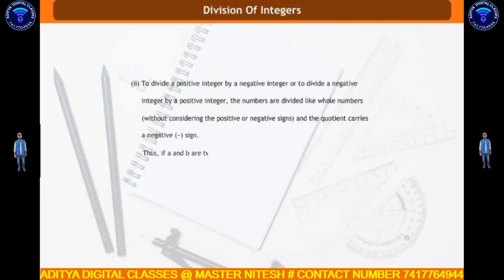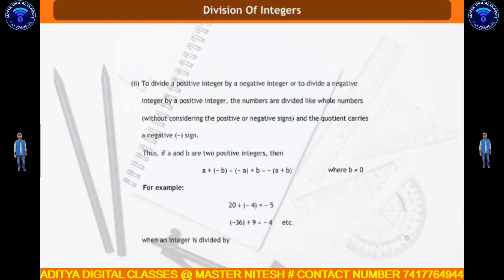Thus, if a and b are 2 positive integers, then a divided by -b is equal to -a divided by b, where b is not equal to 0. For example, 20 divided by -4 is equal to -5. -36 divided by 9 is equal to -4, etc.